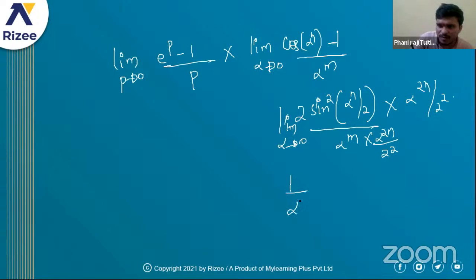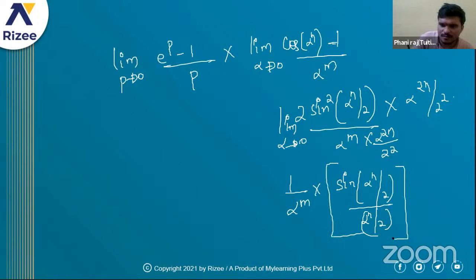Because 1 by alpha power m into sine of alpha power n by 2 by alpha power n by 2, this entire thing whole square into alpha power 2n by 2. This is 1, no? Because alpha tends to 0 means the entire thing will go. So you're left with alpha power 2n minus m.